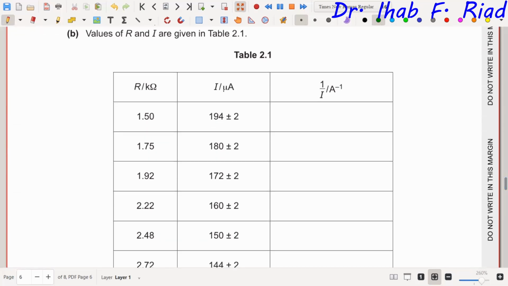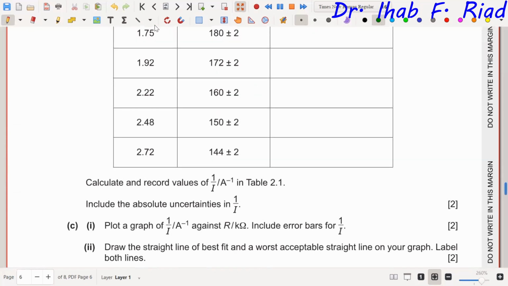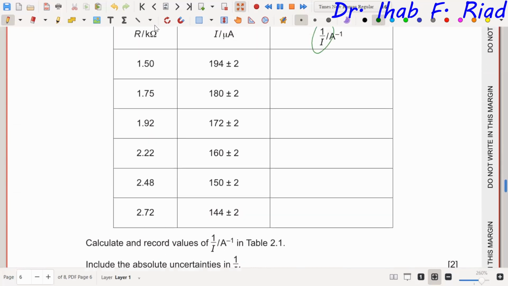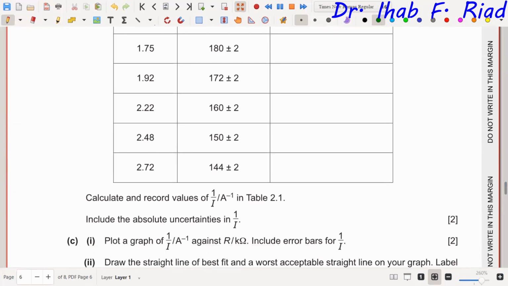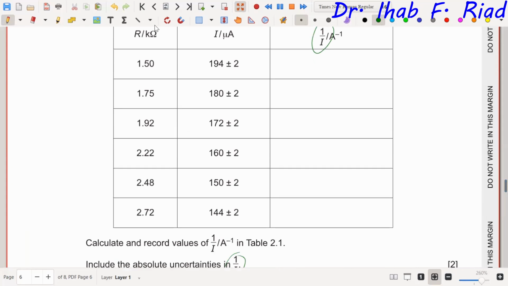Now we have R, we have I, and we need 1 over I, right? And he's telling us to include the absolute uncertainty in I. So let me get the calculator.